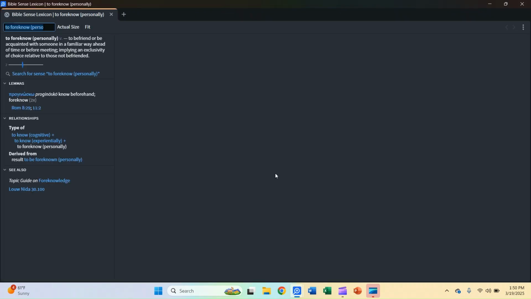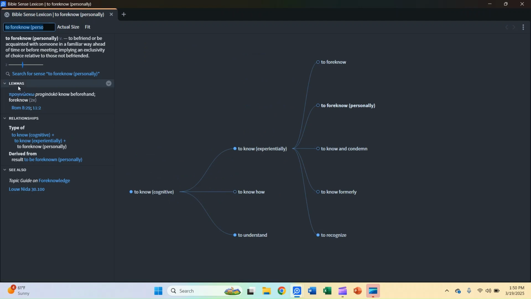If I click on that and use a Greek Bible sense lexicon, it can mean several different things. But in this sense, lemma just means definition. In this definition of the Greek word, it's only seen two times: in Romans 8:29 and in Romans 11, "God has not rejected his people whom he foreknew."